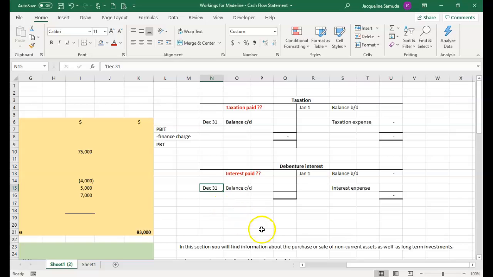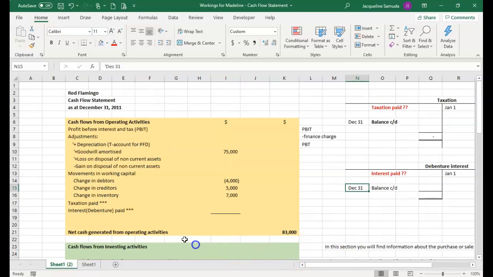So we're now in the last set of calculations, which is the cash flow from operating activities. So I'm jumping all over the place, building up from the least difficult to the more challenging. And so this is the next set of T accounts that we encounter, the ones to work out the taxation paid and the interest paid.